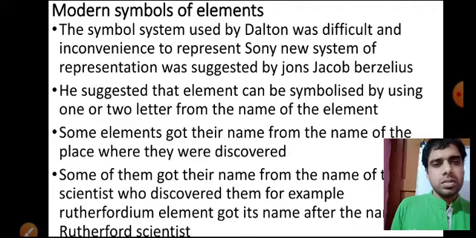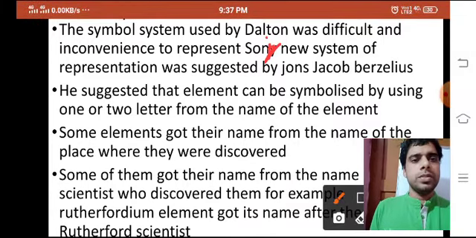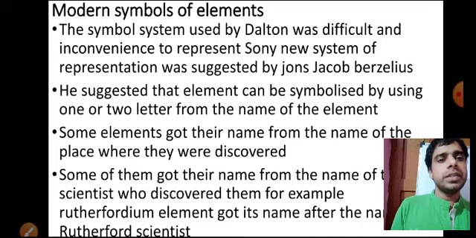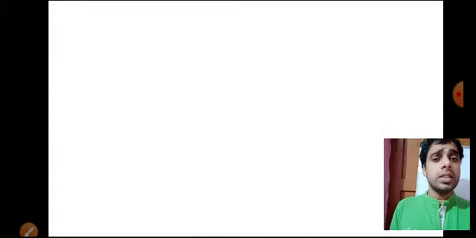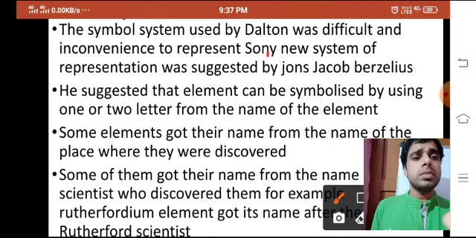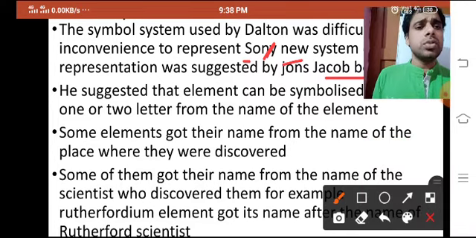So there was a Swedish scientist, Jacob Berzelius, who gave a new style to learn the symbols, which later came to be called modern symbols. The new system of representation was suggested by Johannes Jacob Berzelius. He gave some rules.